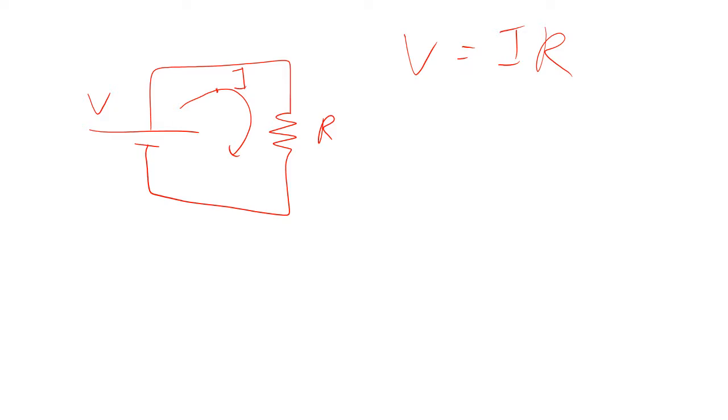We know that resistance is measured in ohms, and the symbol for an ohm is a capital Greek omega. So V equals IR, and we can also say V over I equals R.